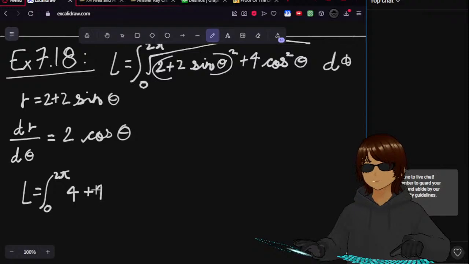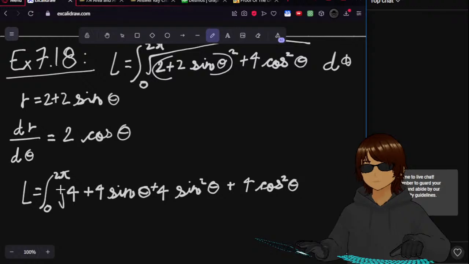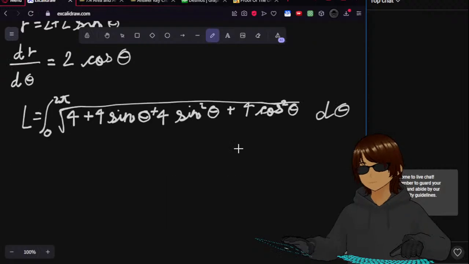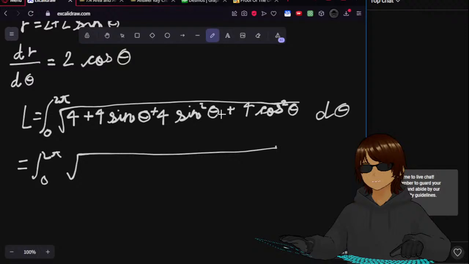For sine squared theta, cos squared theta is just equal to 4. 4 plus 4, 8.